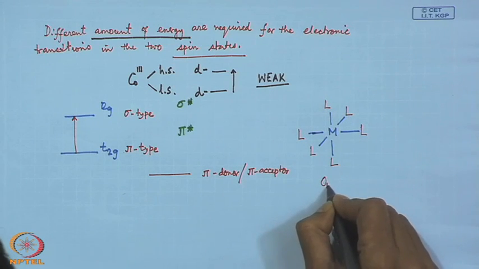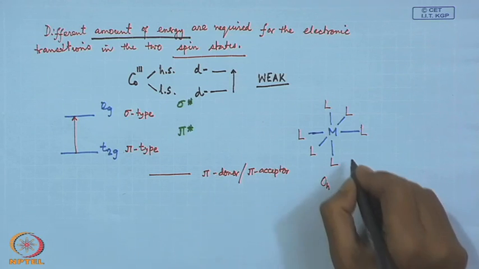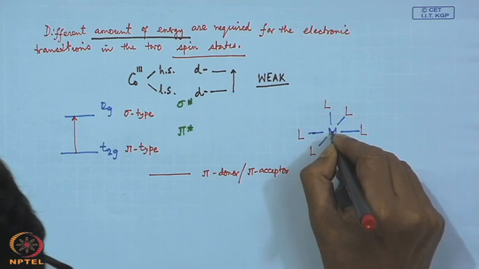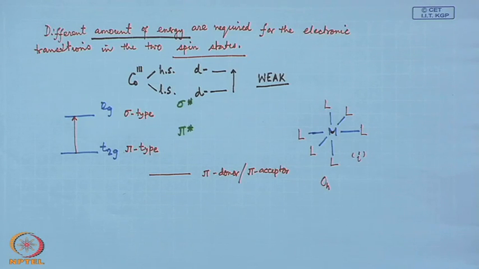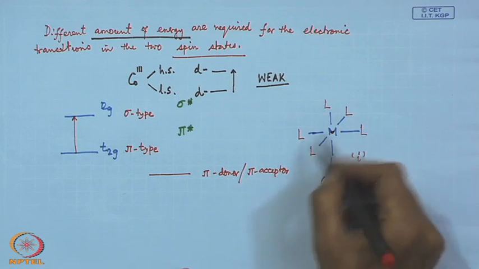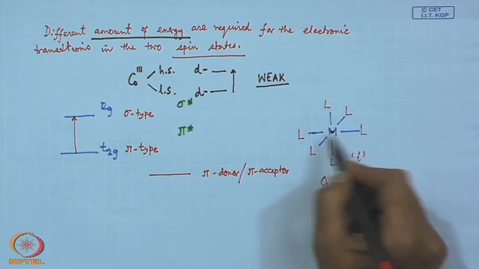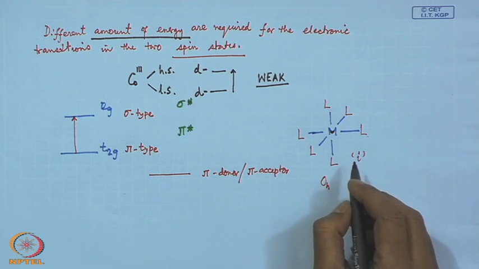If it is in octahedral symmetry, we have the corresponding center of inversion located at the metal ion, through which we can interchange ligands L1 to L2 or L3 to L4 and so on.